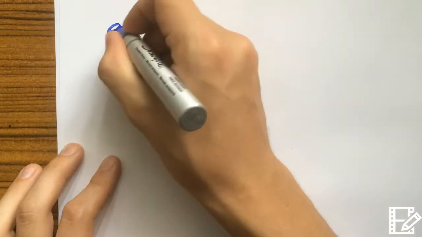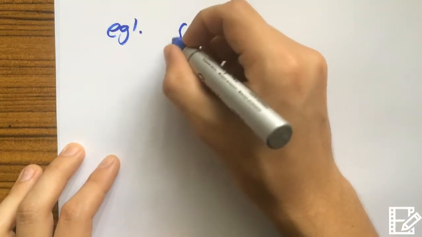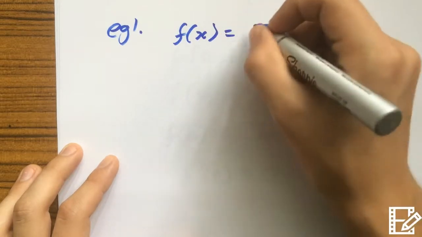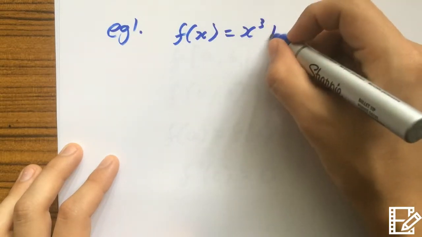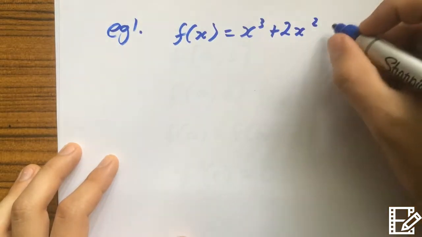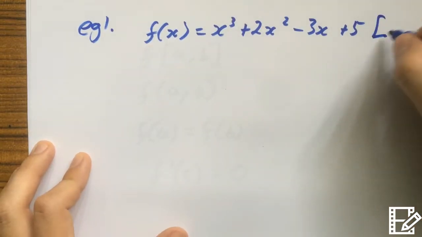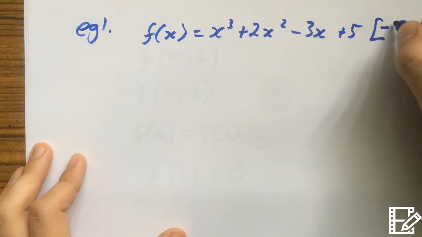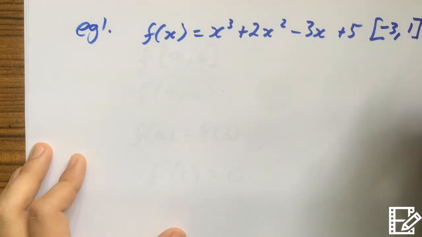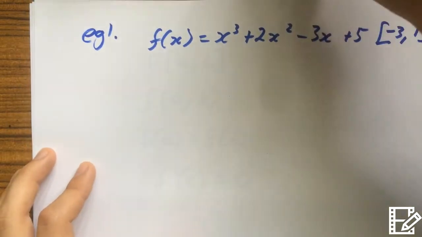Okay, so example 1. We have a function equal to x to the power of 3 plus 2x to the power of 2 minus 3x plus 5 through the interval of -3 and 1 domain.